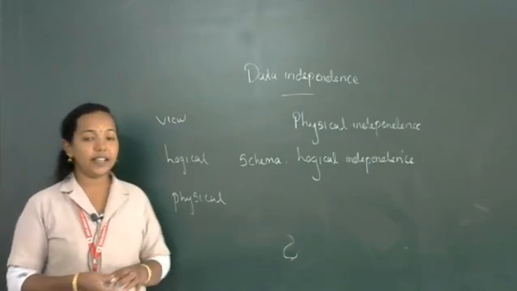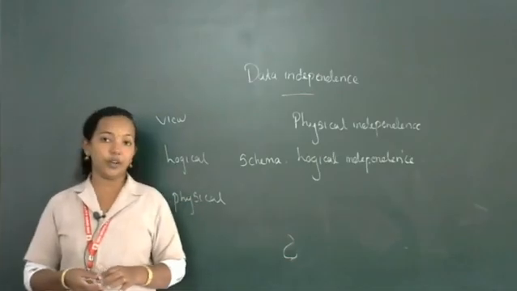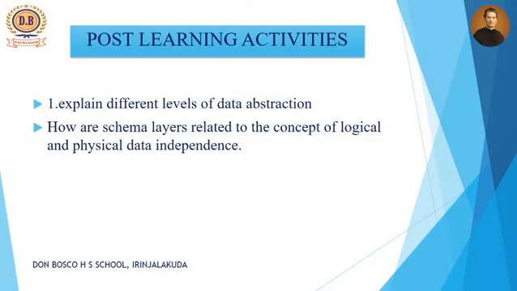Clear? Then you should write two questions in your notebook. The first question is: explain the different levels of data abstraction. The second question is about how conceptual level independence, that is logical independence, is represented.